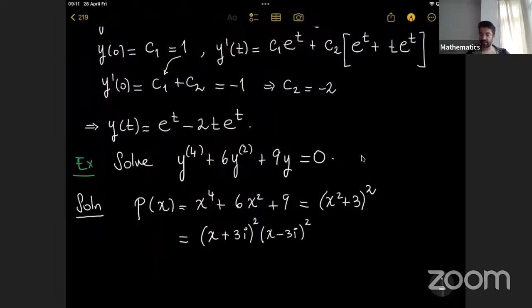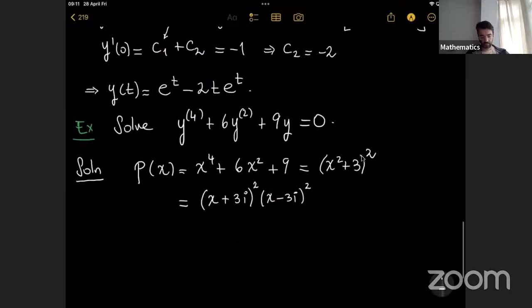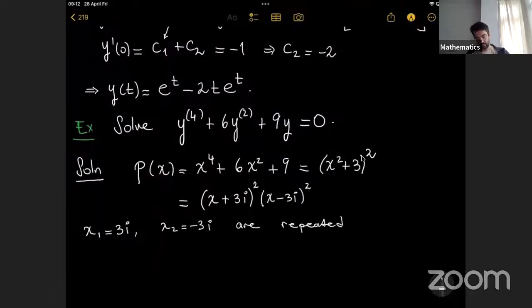So you see that here, 3i and minus 3i, these are repeated roots. Lambda 1 is equal to 3i, lambda 2 is equal to minus 3i, are repeated roots.